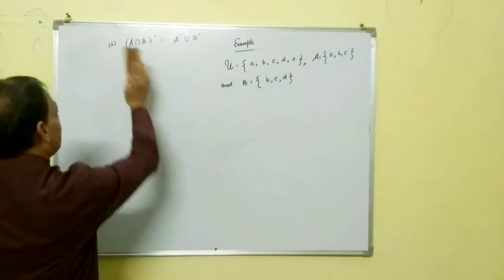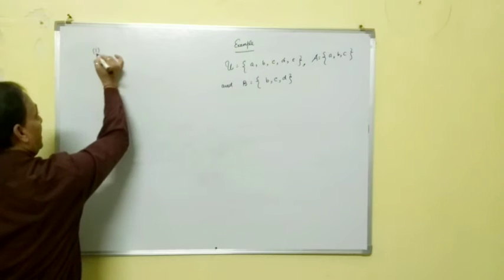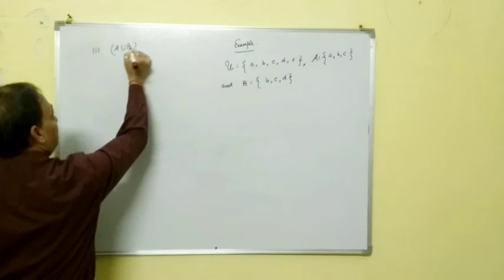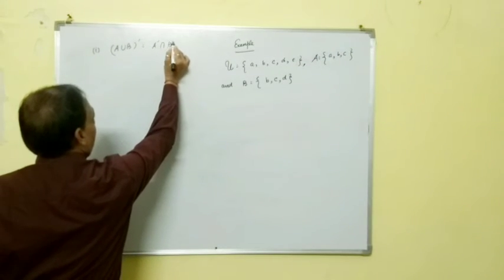First rule of De Morgan is complement of A union B equal to A complement intersection B complement.